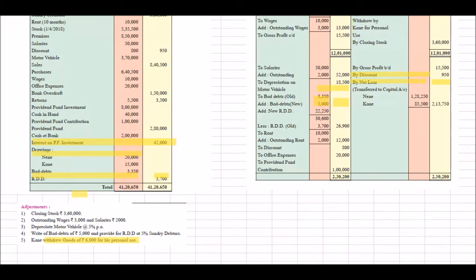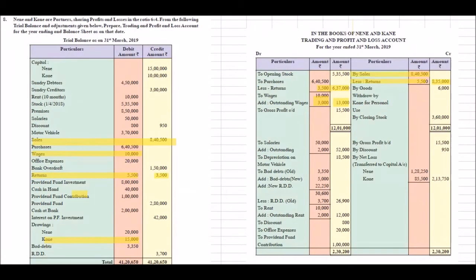Kane's personal use is 6,000 rupees. Next is closing stock.